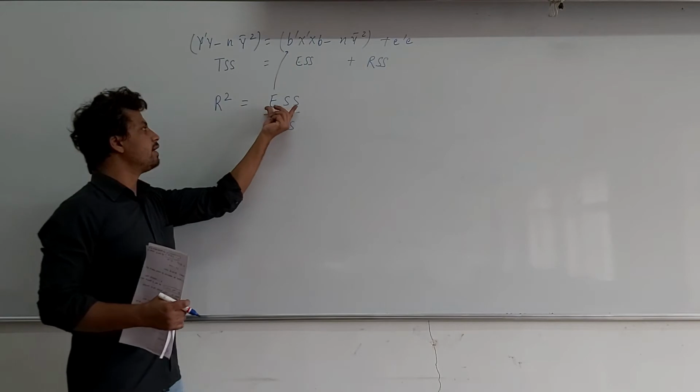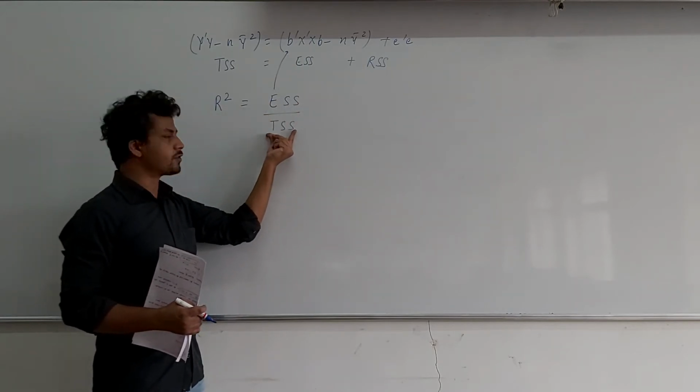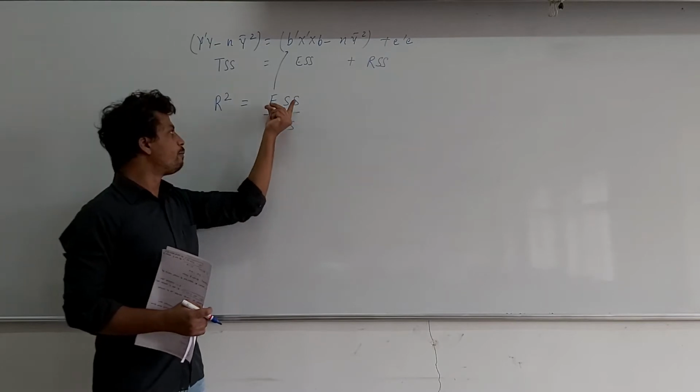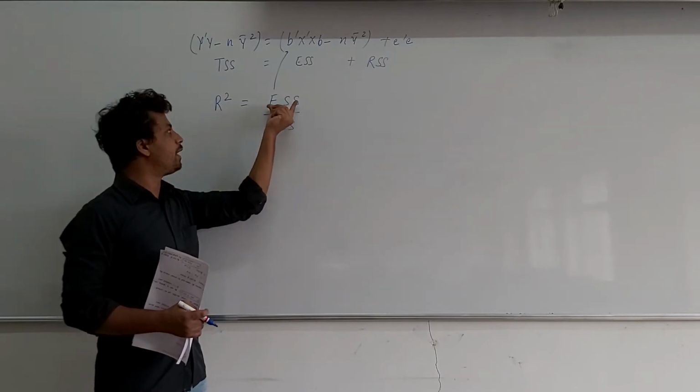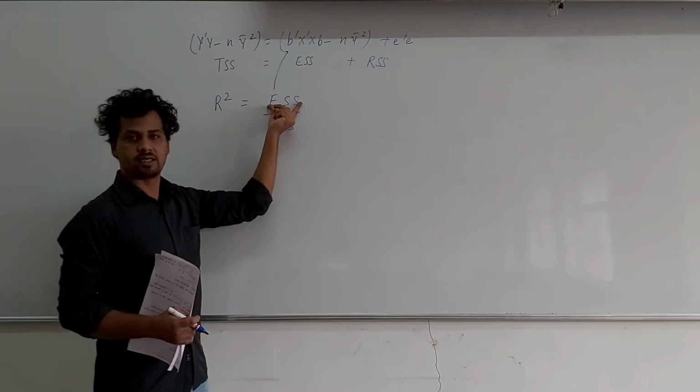So R square can be understood as the proportion of variation in Y, right? That's why the ratio is over TSS. So it is the proportion of variation in y explained by the regression. This is also called the sum of squares due to regression.